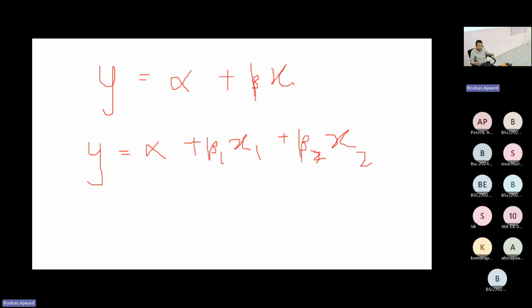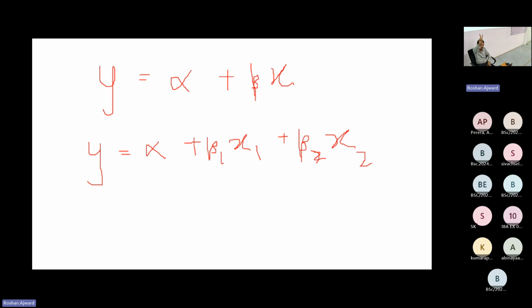It could be income and it could be price of rice. So earlier, I took only one independent variable, x. But now I have taken two independent variables. I can take many.